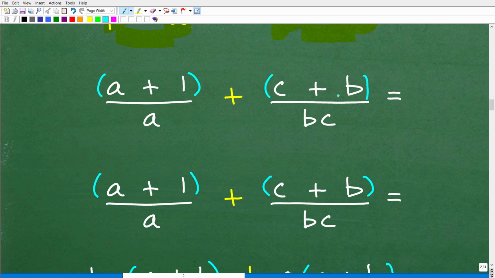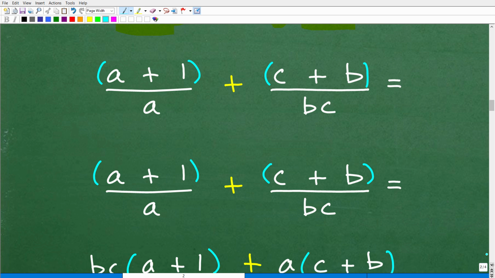Oftentimes it's not required and you won't necessarily feel that you need them, but I'm going to tell you right now, put those in, because that will save you some heartache and common mistakes when you want to manipulate these two rational expressions. Just get in the good habit of putting grouping symbols around sums and differences in algebra. Anytime you have things that you're adding up or subtracting, just put parentheses around those.